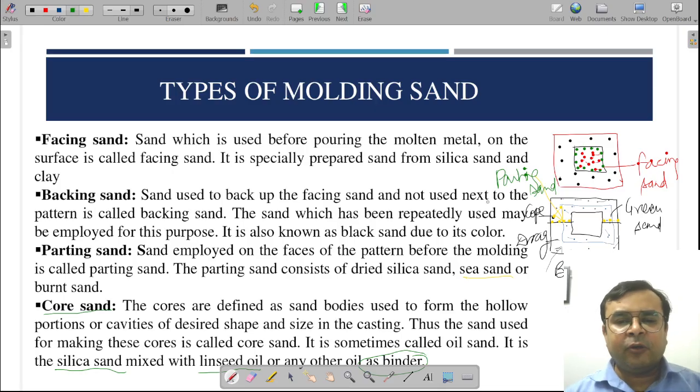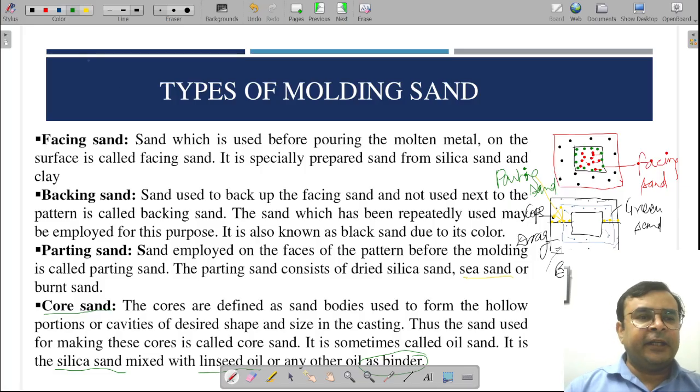And after making the core, we bake this core so that the entire moisture contained in the oil used as a binder gets evaporated, and our core sand gets completely dried. So this is called as core sand. Now from this analysis you can understand what the different types of sand are and where this sand can be employed for different purposes.